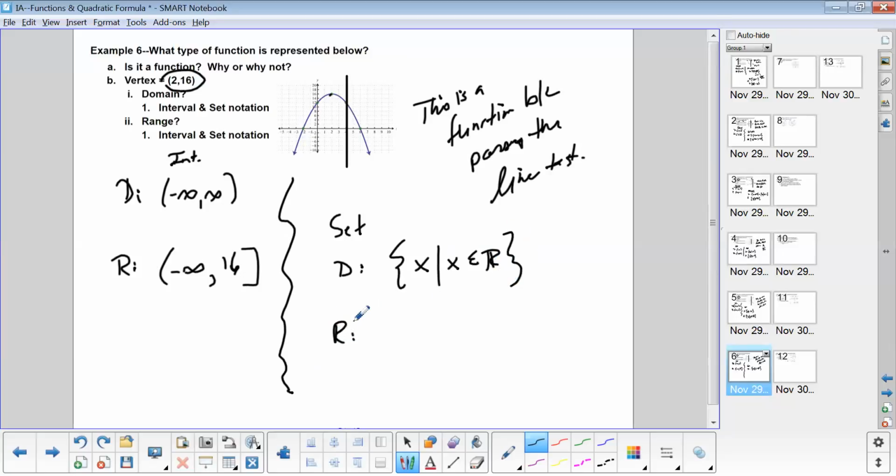And the range would be the set of all y values such that y is less than. Remember, the graph is opening down, so the set of all y values such that y is less than or equal to 16.